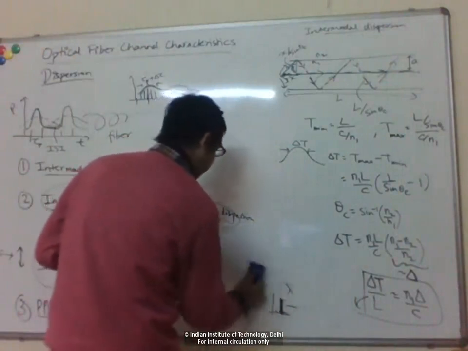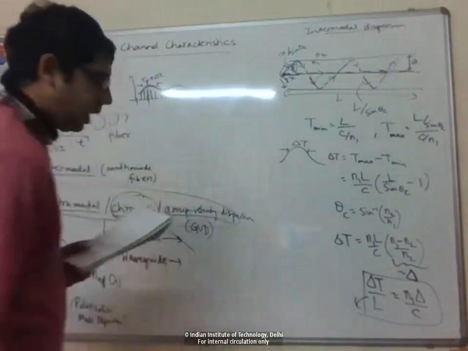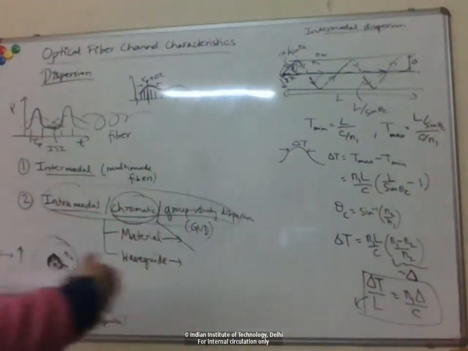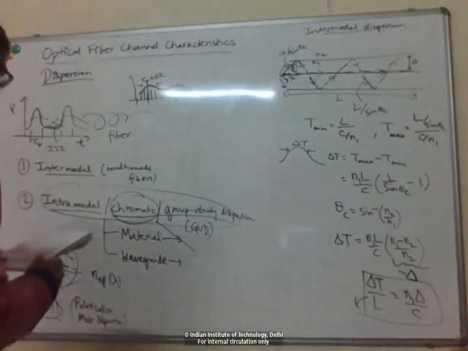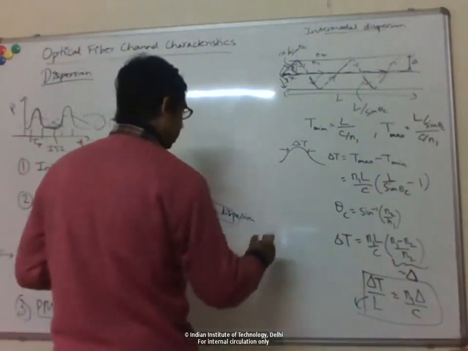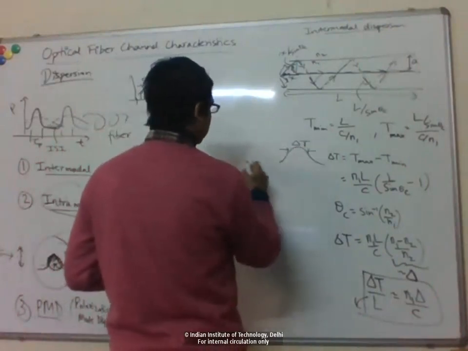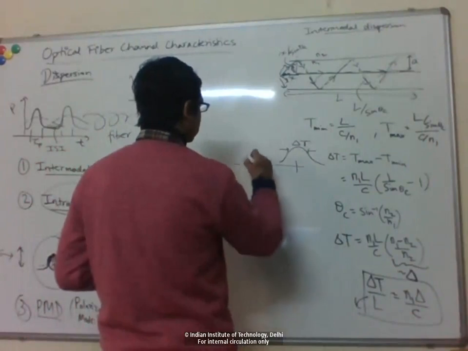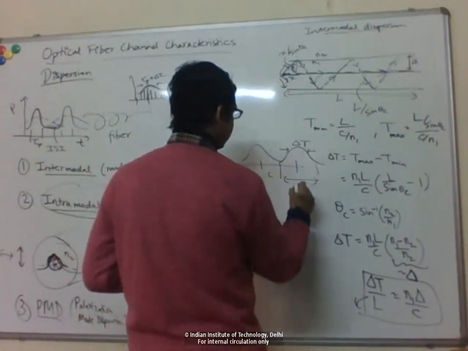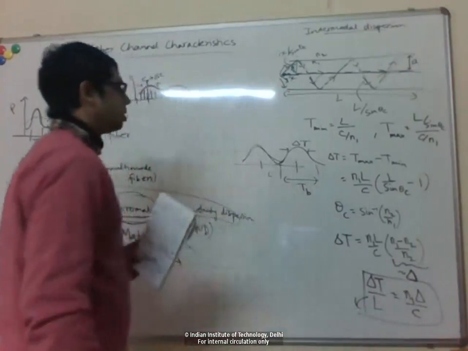Again, recall that the figure of merit that we typically look at for these links is the data rate times the distance over which you can send the information. If you have a pulse which is spread by delta t, then the bit period has to be more than the spread, so that the neighboring pulse doesn't interfere.